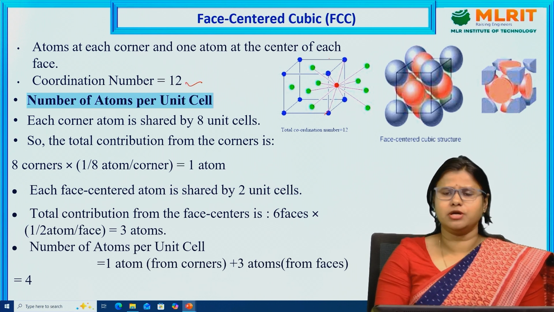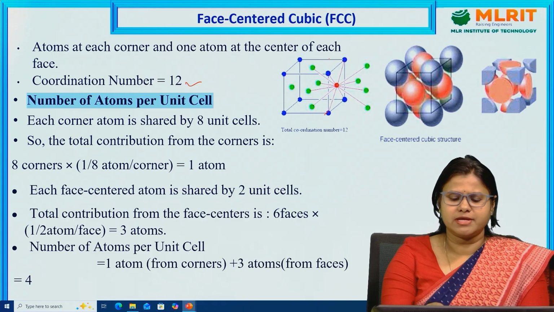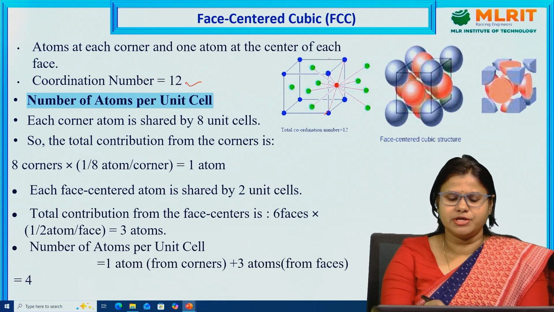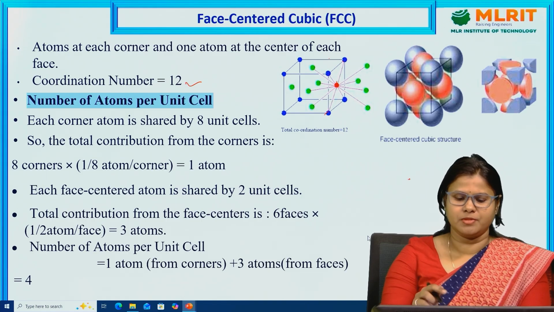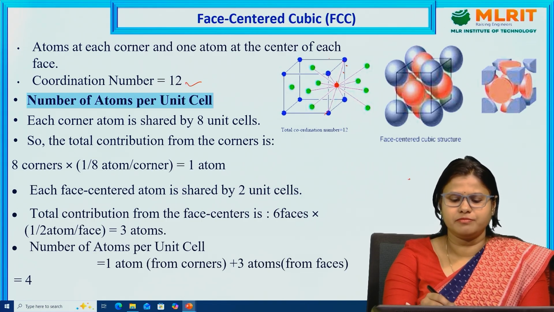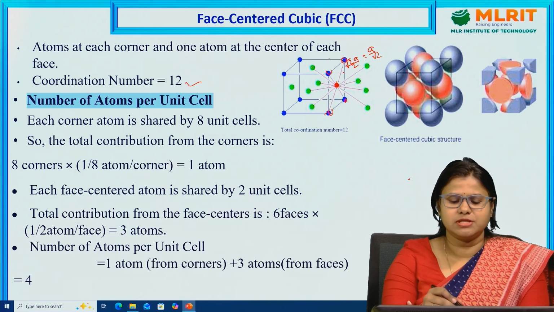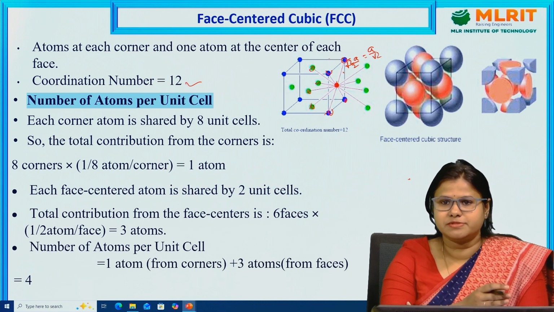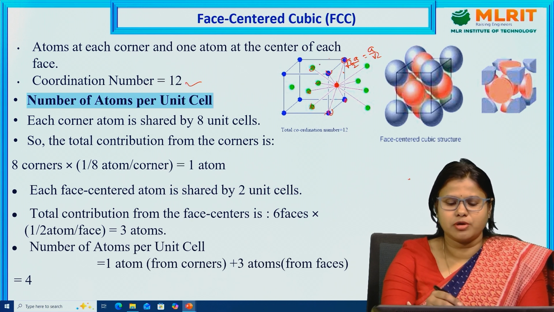Then let's find out the coordination number. If I consider a face-centered atom, it has 4 atoms at the nearest corners, located at a distance of root 2 a by 2, or a by root 2. So these are the 4 atoms at the corner. In addition, the atoms in the top face, bottom face, back face and front face of the left side cube will also be at a distance of a by root 2 from this atom.